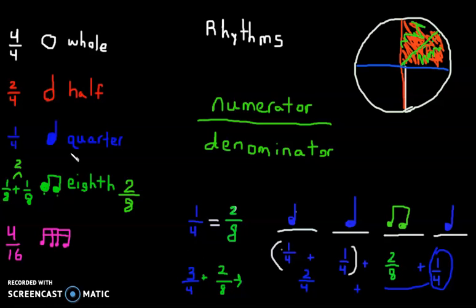This is really all that is, it's just a 1/4. So I'm going to mark that out. So we can say 3/4 plus 1/4 equals, well, now that the denominators are the same, 4 on the bottom, and 3 plus 1 is 4.